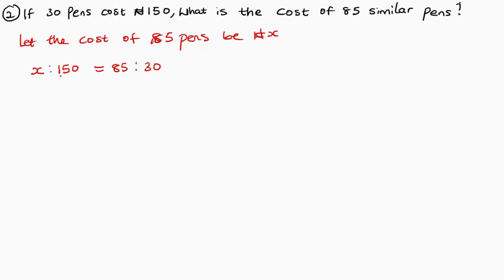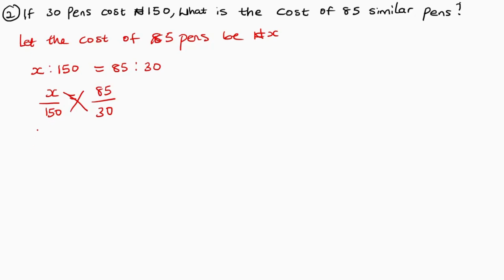For X naira, the quantity is 85 similar pens, and for 150 naira, the quantity is 30 pens. So that is what it means that the price is directly proportional to the quantities. Hence, we can write this out in fraction form. So we have X over 150 is equal to 85 over 30.